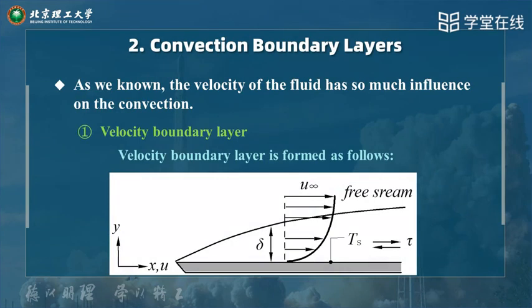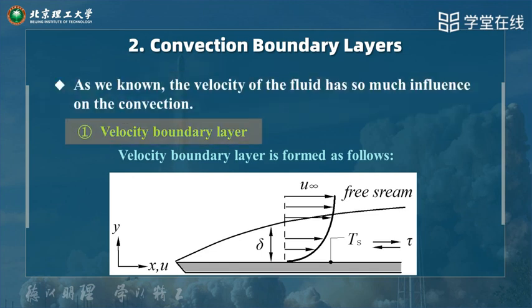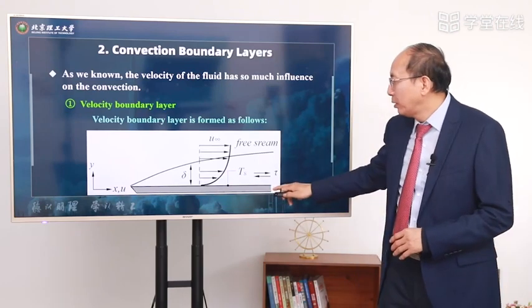The second topic: convection boundary layers. As we know, the velocity of the fluid has so much influence on convection. Firstly, the velocity boundary layer. It is formed as follows. Here is a plate.